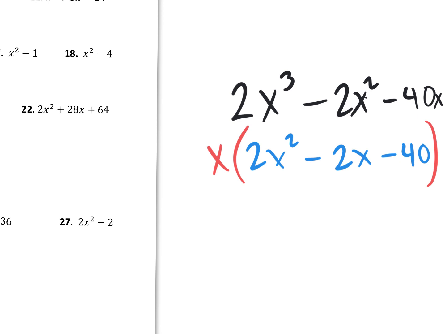But then, if you could pull out something else, you should do it. So this was not the GCF, because I could still pull out another multiple of 2.